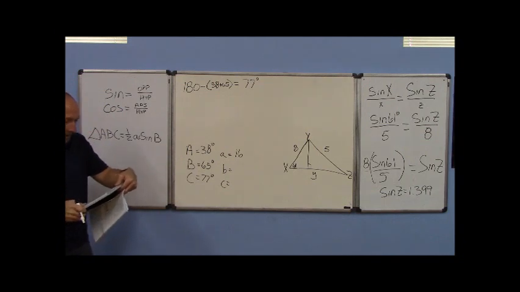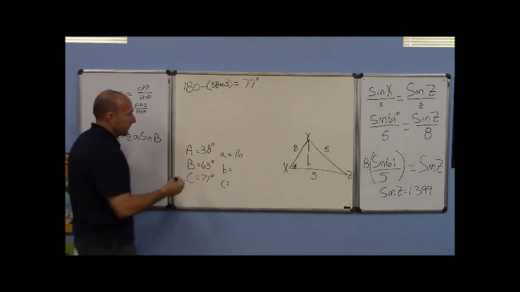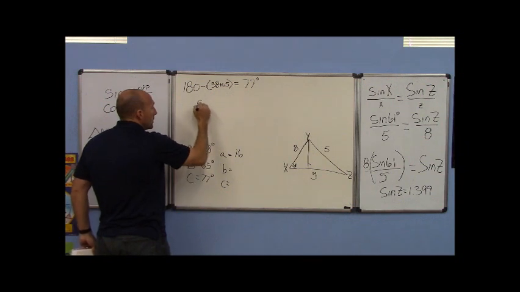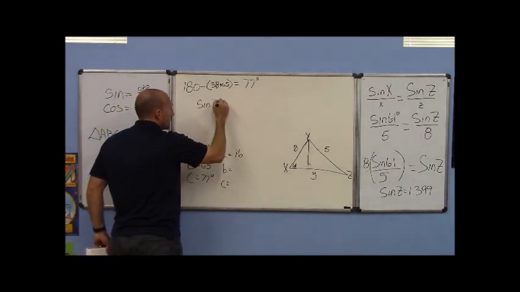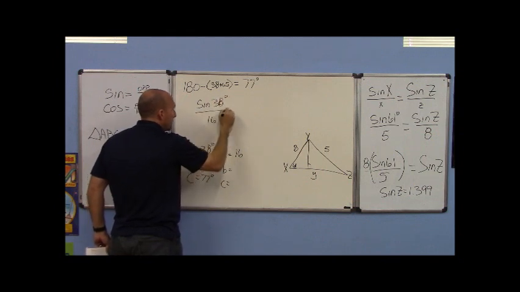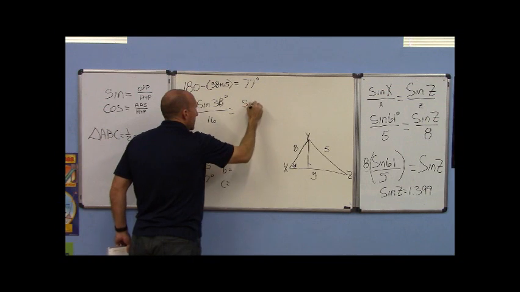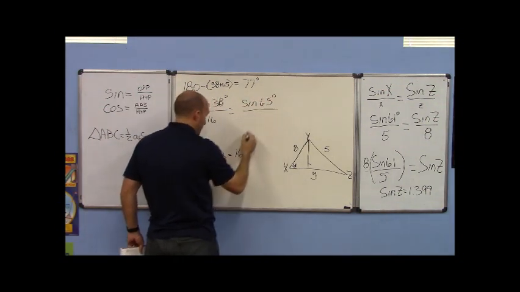Perfect. So now we can use our ratios to find out missing pieces. All right, so we can do sine of 38 degrees over 16 equals sine of 65 degrees over b.